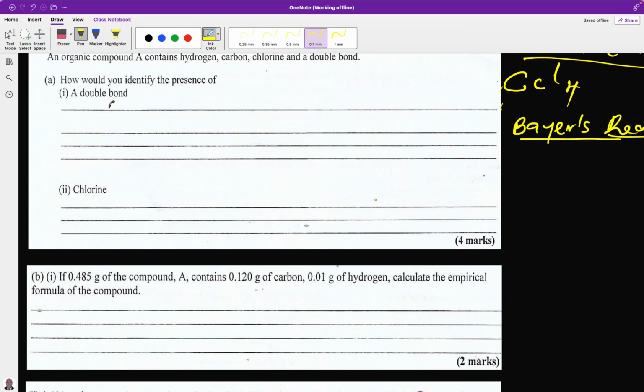There is a common reagent that we usually use, and that one we call silver nitrate test. A silver nitrate solution. If you add a silver nitrate solution to any substance containing any halide, like chlorine or bromine, precipitates are going to be formed. But in this case, this is an organic compound containing chlorine.